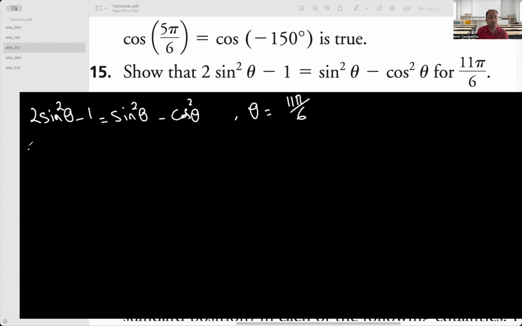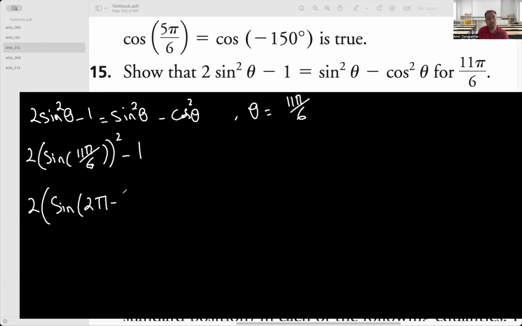So that means 2 times sine of 11 pi over 6, squared, minus 1, that's your left side. What can I put instead of sine of 11 pi over 6 if I want to use the special triangle? Isn't that sine of 2 pi minus pi over 6, right? 2 pi is 12 pi over 6, minus pi over 6, and then the whole thing squared minus 1. That's my left side, isn't it?